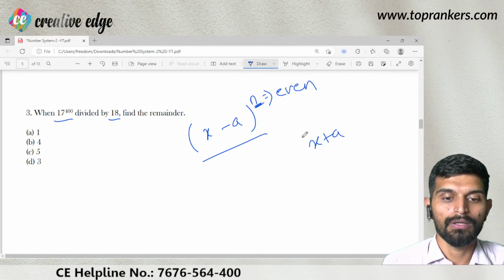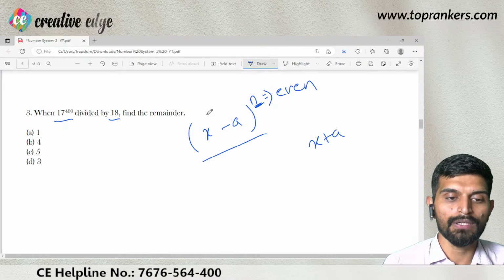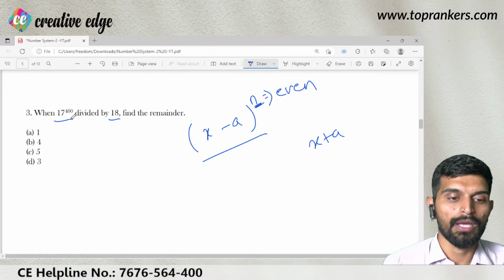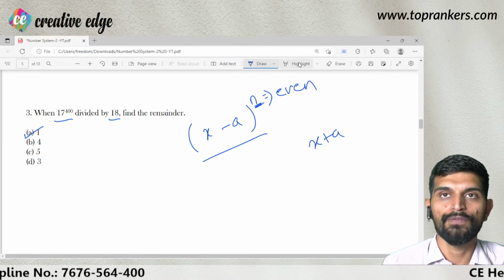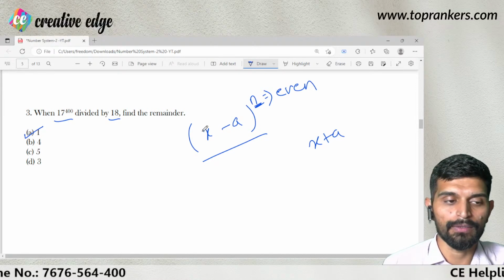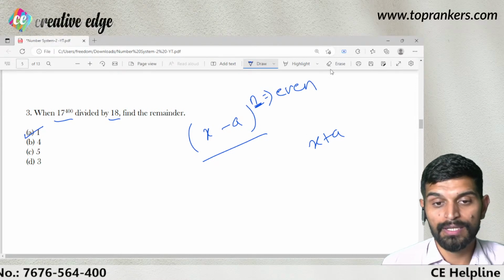Here n is even and x is 17, so it is divisible by 17 plus 1, and the remainder will be 1. This is the standard rule.